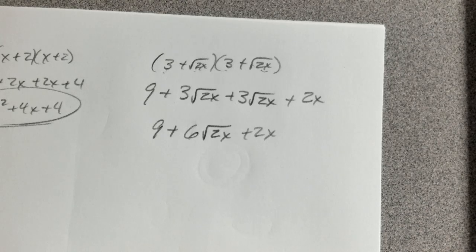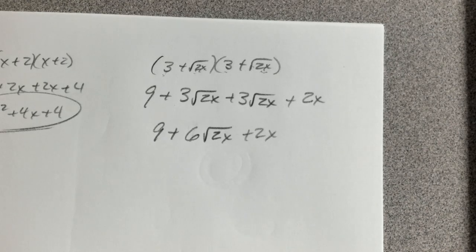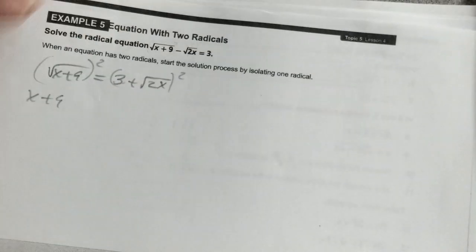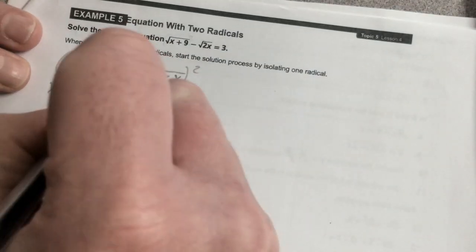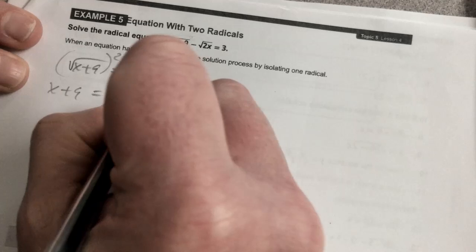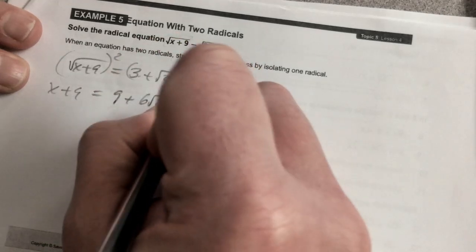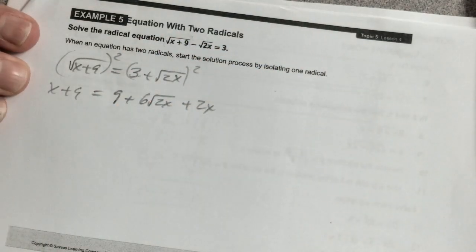So that's the right-hand side of our equation. Here we are: x plus 9 equals 9 plus 6 root 2x plus 2x.